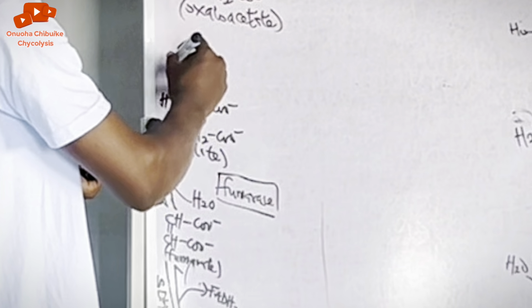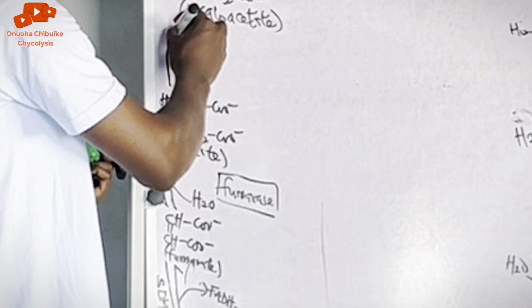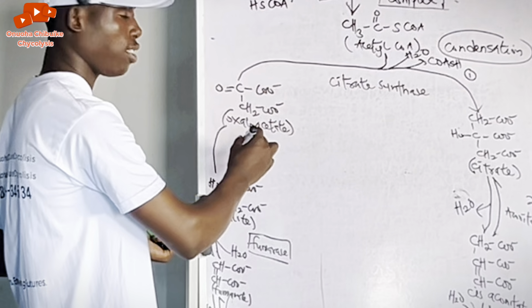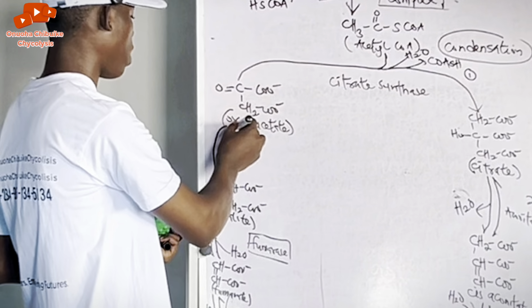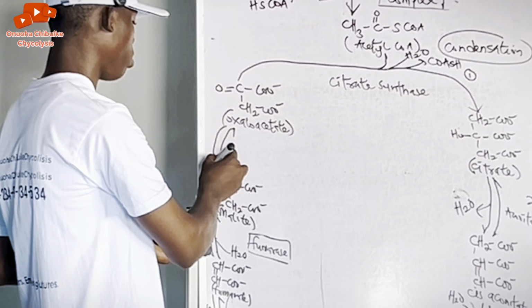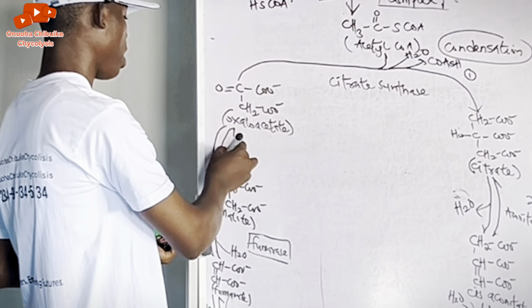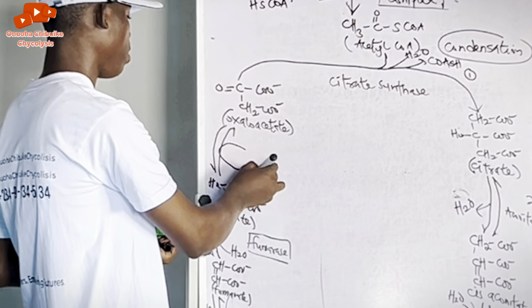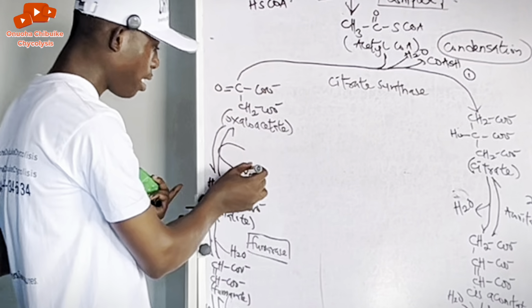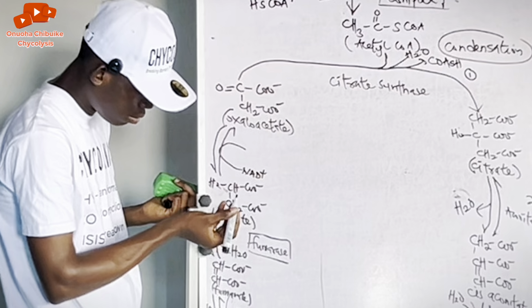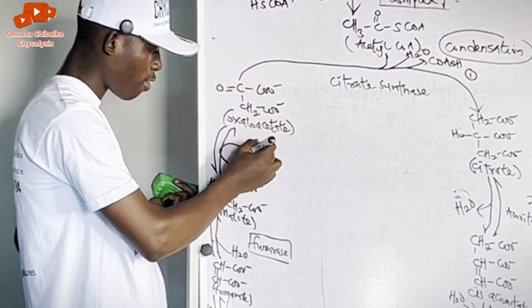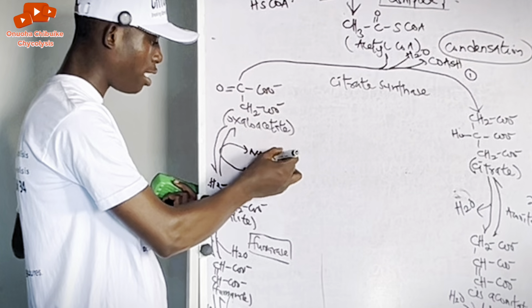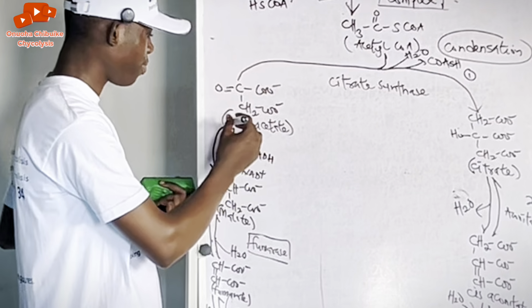So lastly, malate is dehydrogenated to form oxaloacetate, making use of NAD plus. Look at what this NAD plus did: it collected these two hydrogens to form NADH plus H plus.